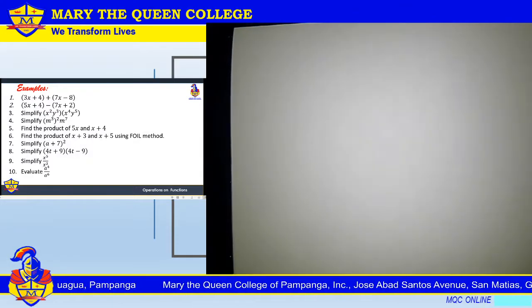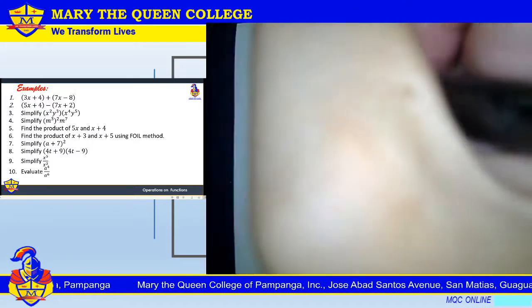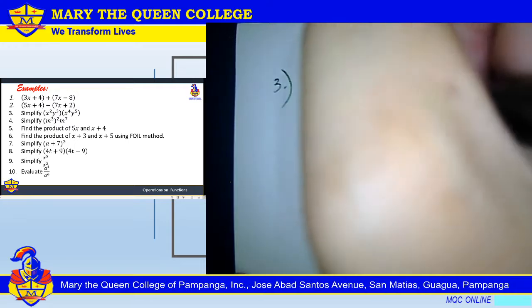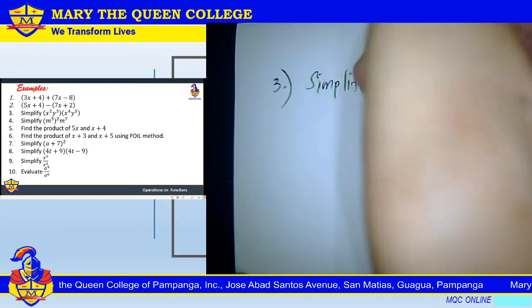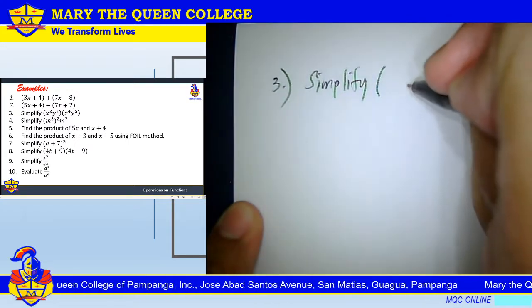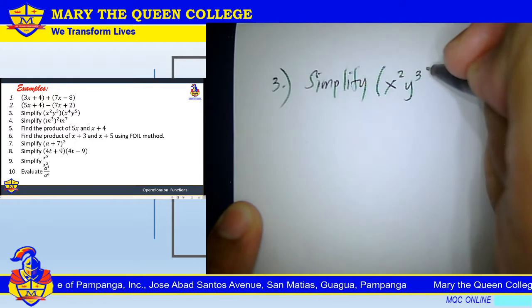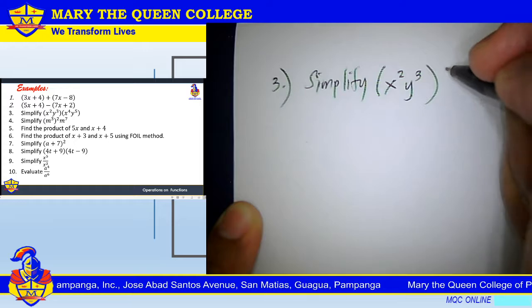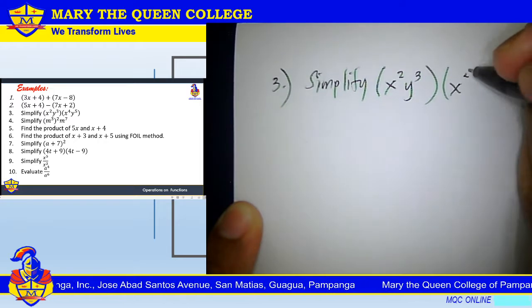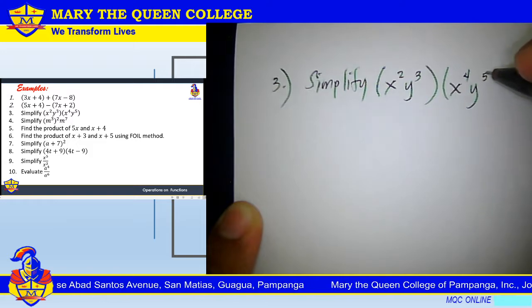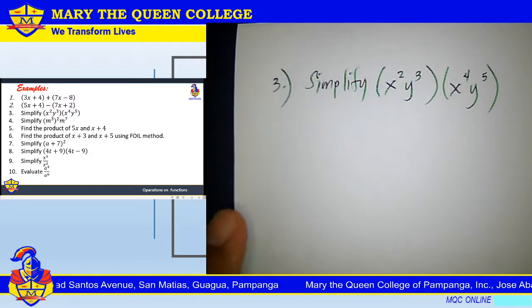For number 3. Okay. So based on our given for number 3, simplify. Sabi po niya, simplify the quantity x squared y cubed times x to the 4th y to the 5th. Okay?